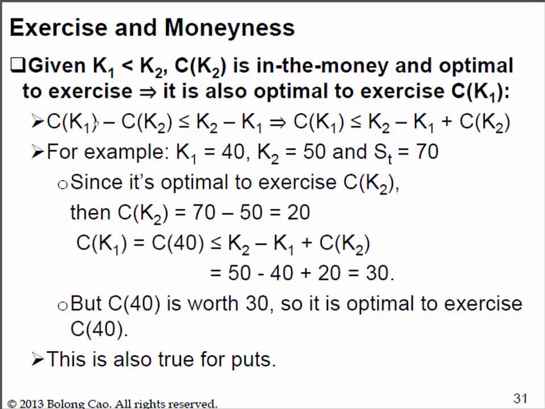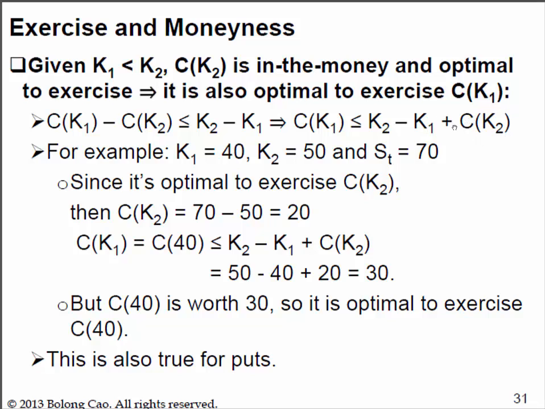Again, we know the difference in the call premium is less than the difference in the strike. So rearrange it a little bit. What we have is that the low strike call premium is less than the difference in the strike price plus the high strike call premium.